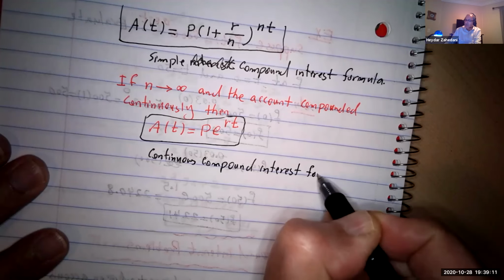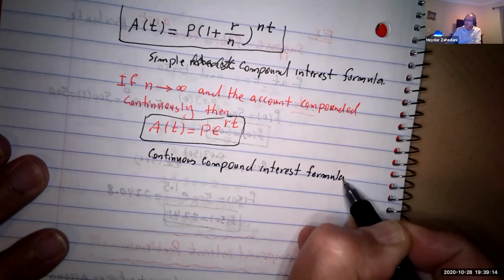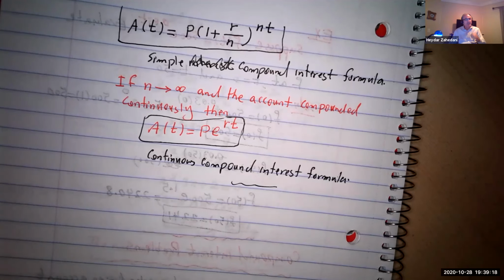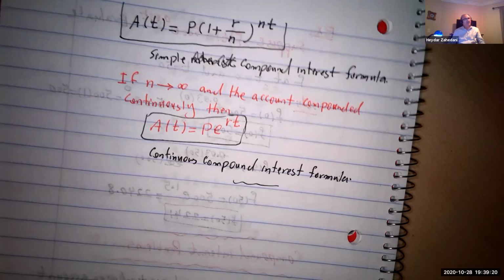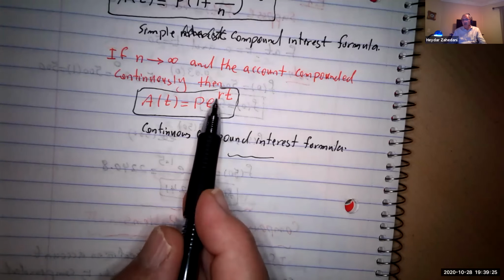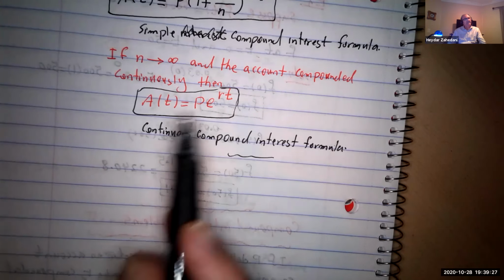When the problem says compound continuously, you know you have to use this formula. P is the money that you put in the bank at the beginning, R is the rate, T is the time.